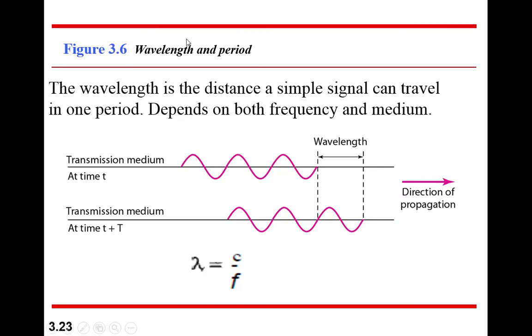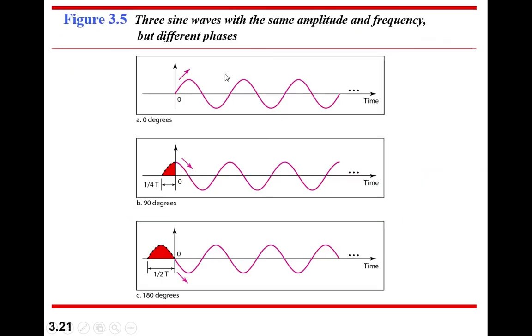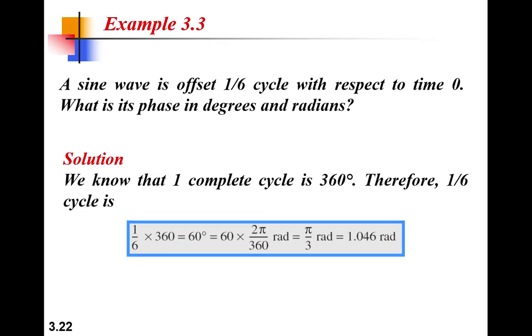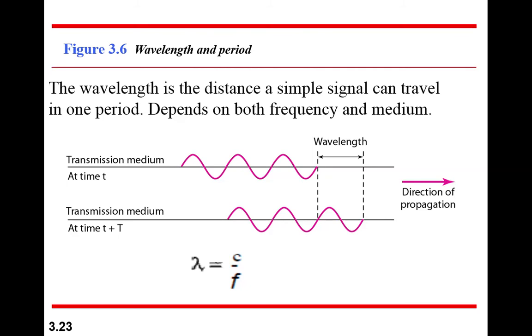So now we have discussed three things of a sine wave: amplitude, frequency, and phase. Now another important component of a wave is called wavelength. The wavelength is the distance a simple signal can travel in one period.